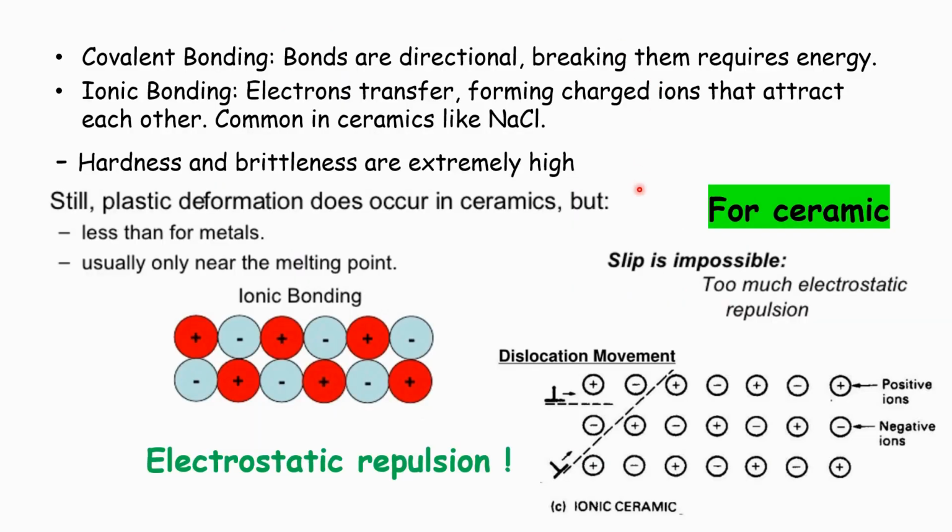So covalent bonding is directional. For example, we have carbon and oxygen bonding, and the movement will require breaking the bond. On the other hand, we also have ionic bonding in ceramic, where the electrons will transfer.